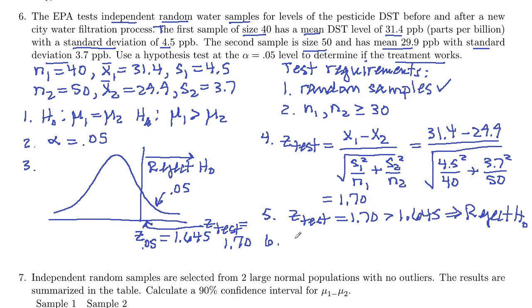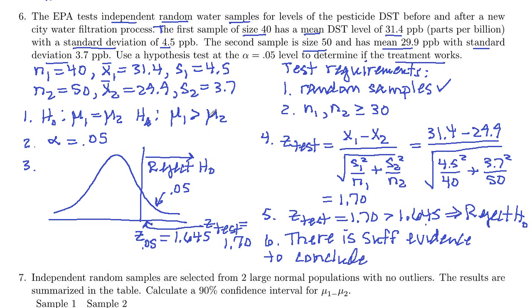And then we state our conclusion. So we're rejecting. So there is sufficient evidence to conclude the alternative hypothesis is true.